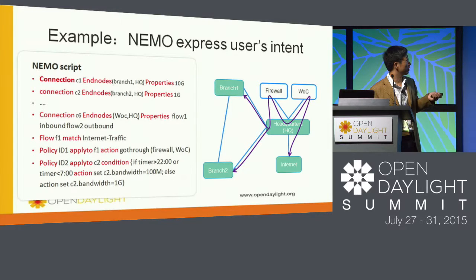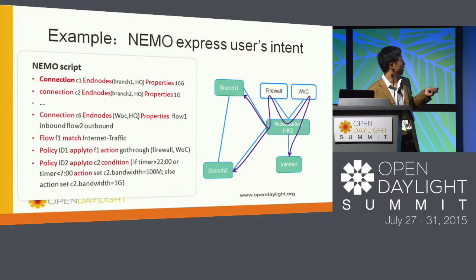And for the bandwidth-on-demand requirement, they define a policy. Policy applies to the connection too. When the condition is night time, they set the connection bandwidth to 100 meg. It's very simple and very intuitive. For the secure internet access, they also use the policy.